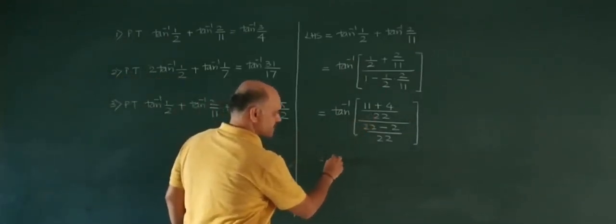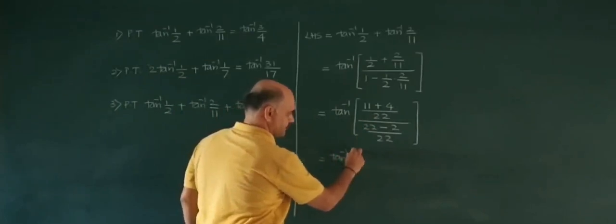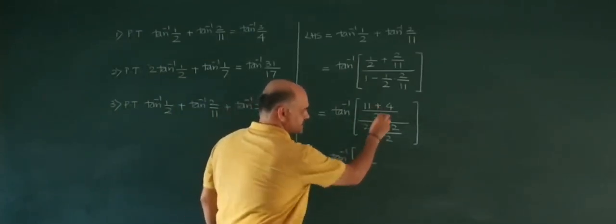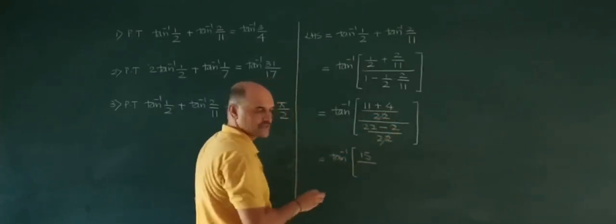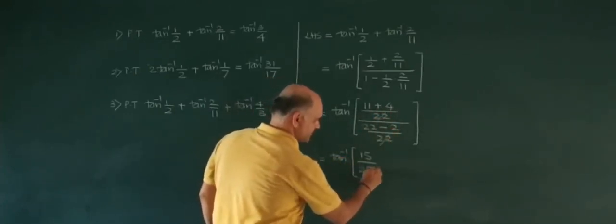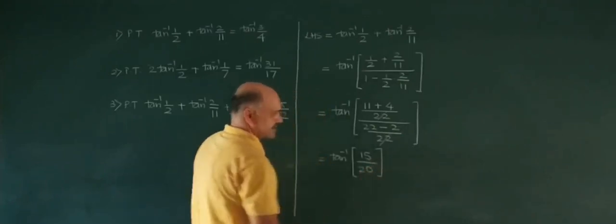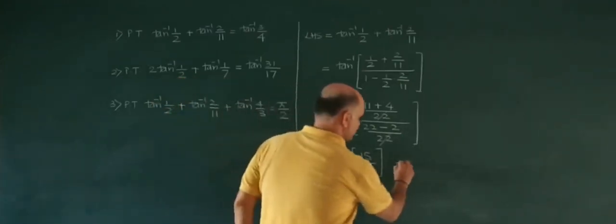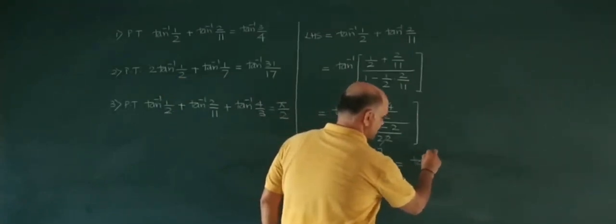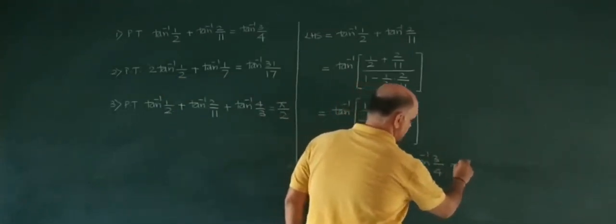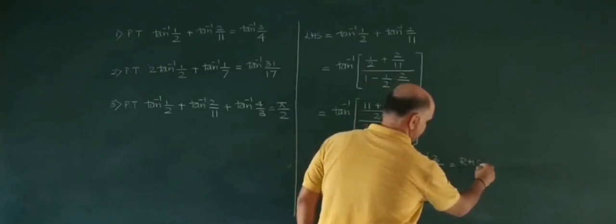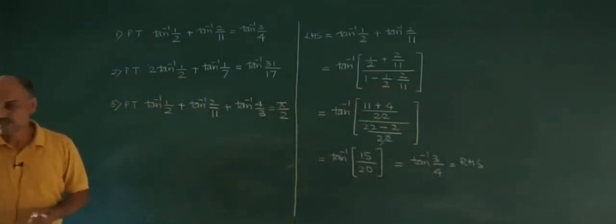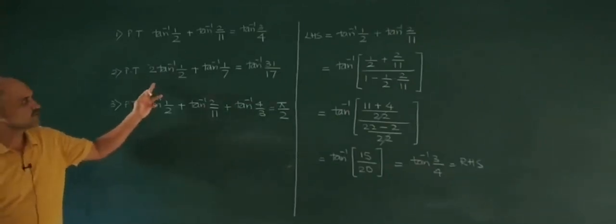So this is equal to tan inverse of 11 plus 4 is 15, 22 minus 2 is 20. Now if you cancel these two, 5 3s are 15, 5 4s are 20. So this is equal to tan inverse 3 by 4. That is nothing but our RHS. This is the first one. So you can pause it, solve the problem, then we will see the second one.